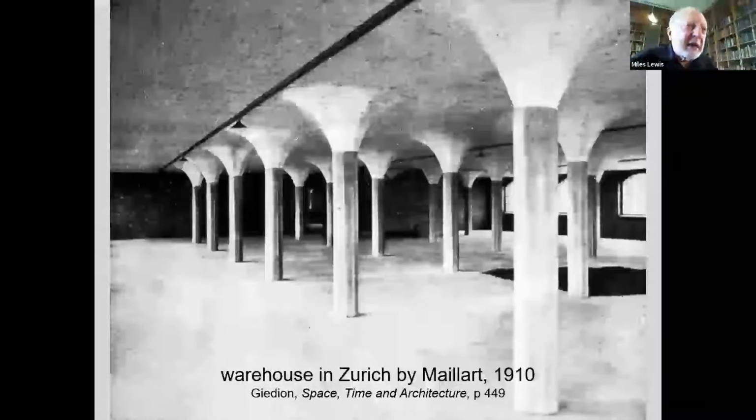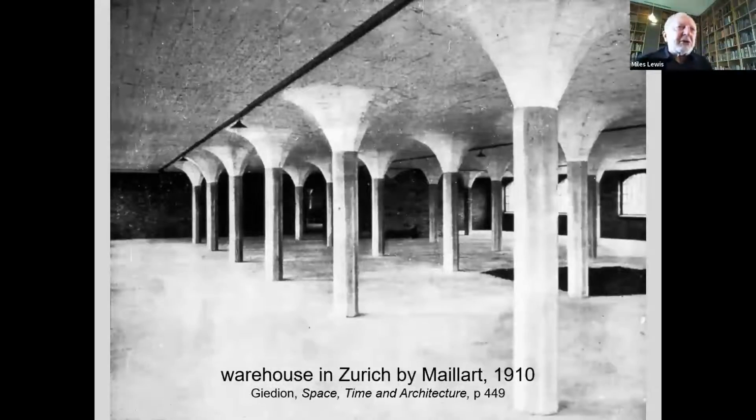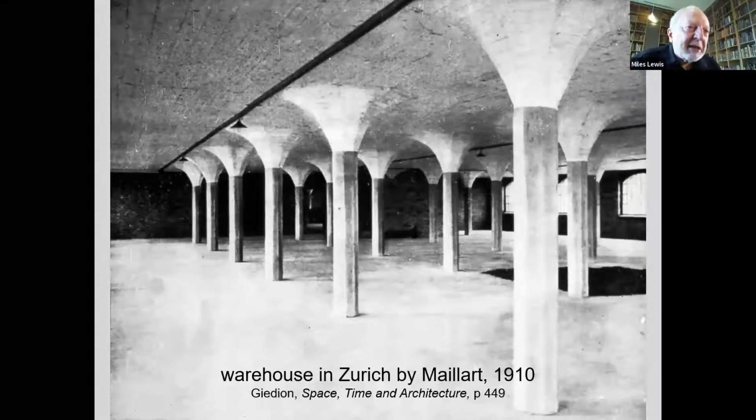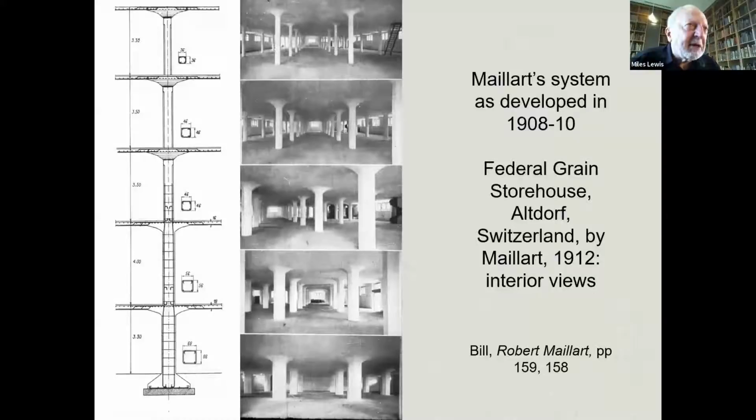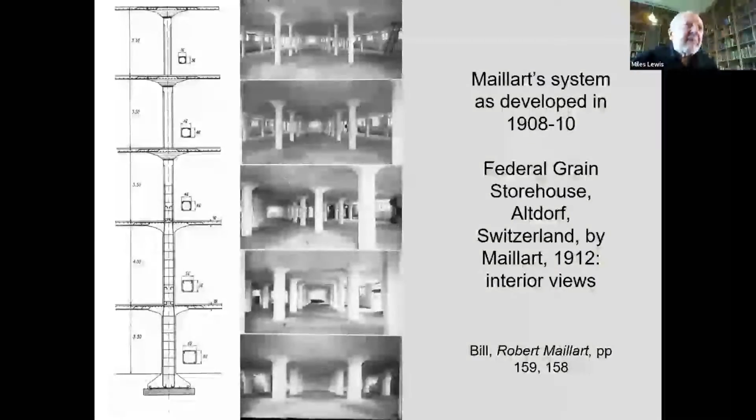So I asked that question. But here you now see a different version. He's using octagonal columns here, and quite an elegantly flared head. This is now by the Swiss architect Robert Maillard. He does a number of elegant bridges as well as these warehouses. Now, his system is different in terms of reinforcement. Here's a multi-story warehouse.